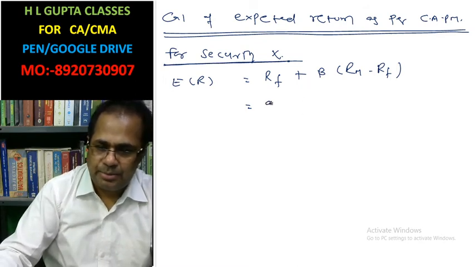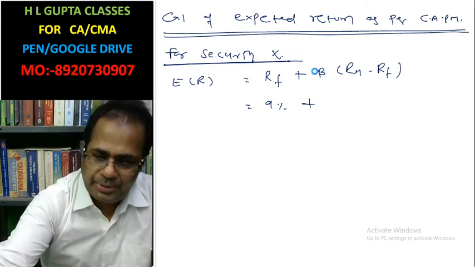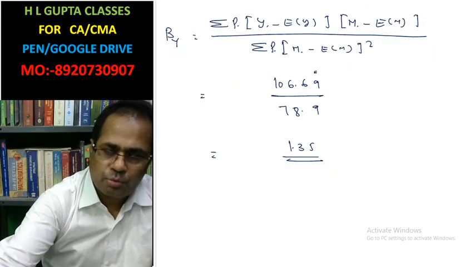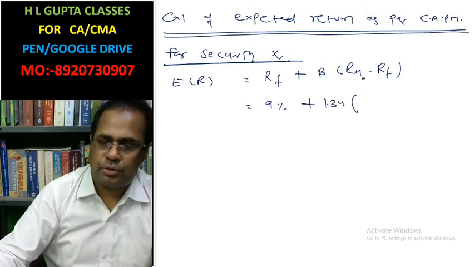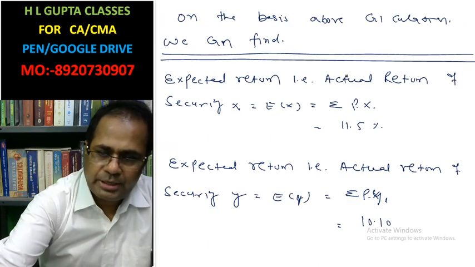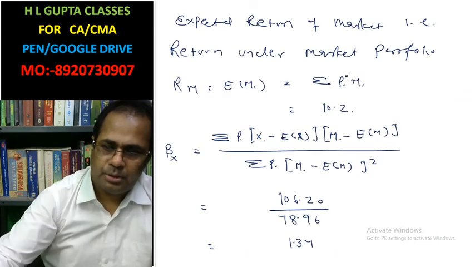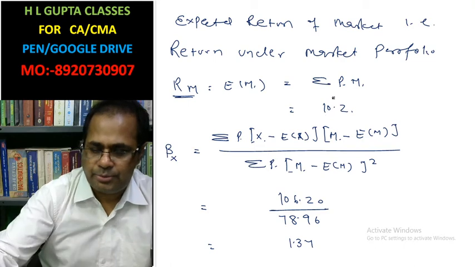Beta of security X is calculated here 1.34. Return on the market portfolio RM is also calculated here, 10.2.